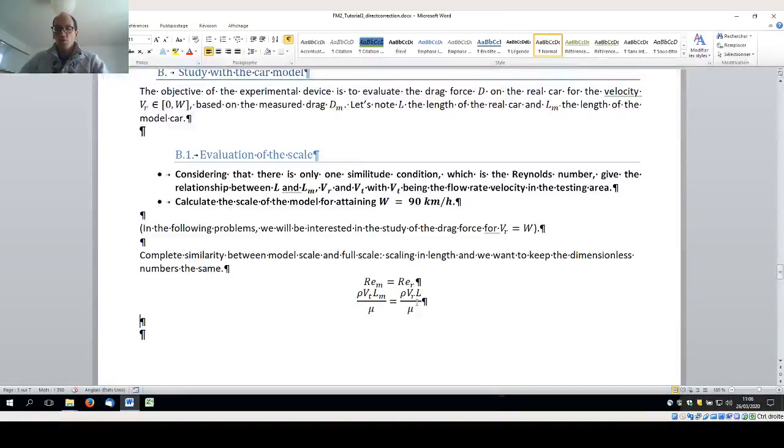So in our condition we use the same fluid in model scale and full scale.